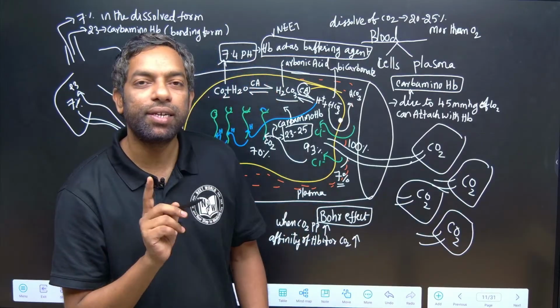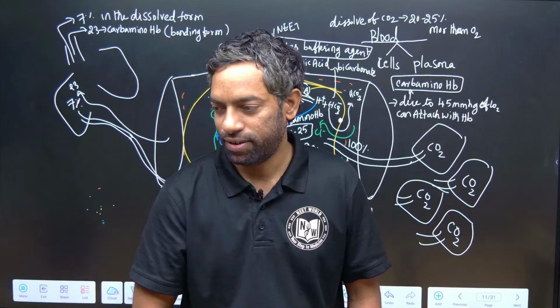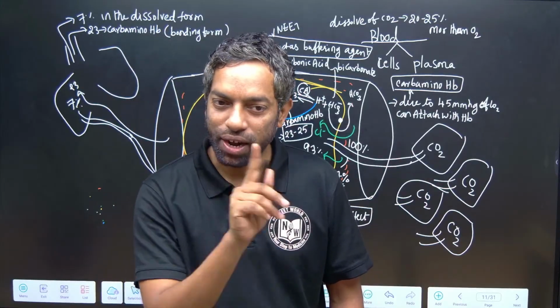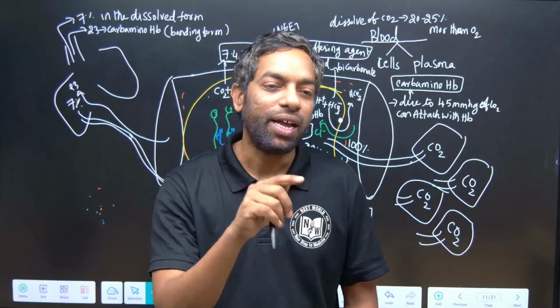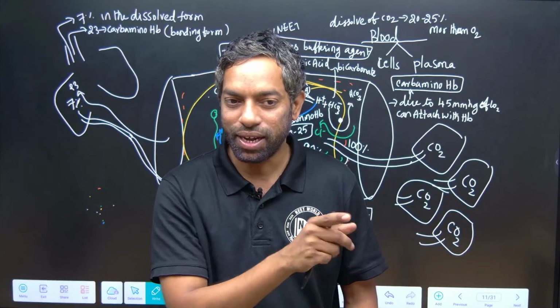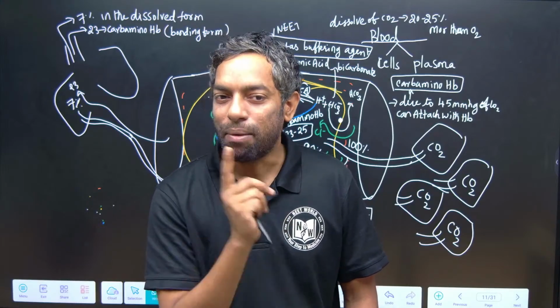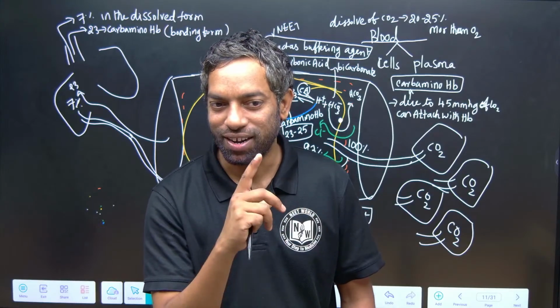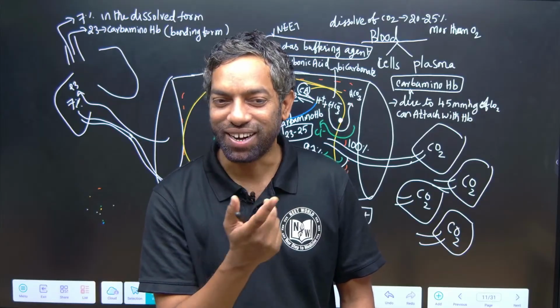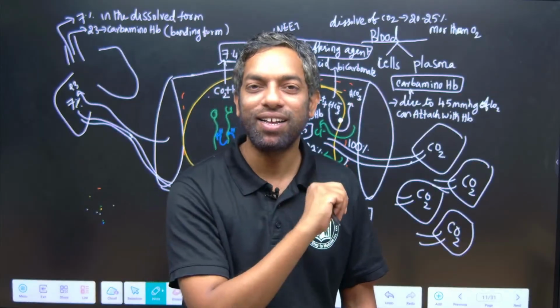This condition we call chloride shift. Chloride shift maintains the electrical balance in the RBC, and this phenomenon we call Hamburger phenomenon. You have to remember Hamburger for the chloride shift.